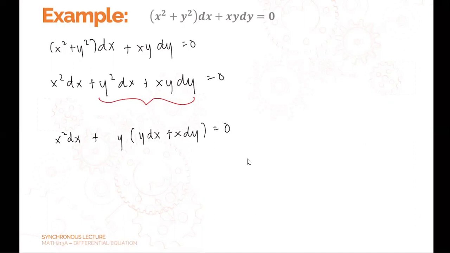So, kung mapapansin nyo, yung grouping natin sa pangalawa is kailangan, so, di ba to? Makikita nyo itong term na to, y dx plus x dy. Derivative ng anong function to? So, by inspection, anong klaseng derivative to? So, let's say, may tayong two variables, tapos naka-multiply siya, di ba? So, halimbawa, check natin, ano ang derivative ng xy?